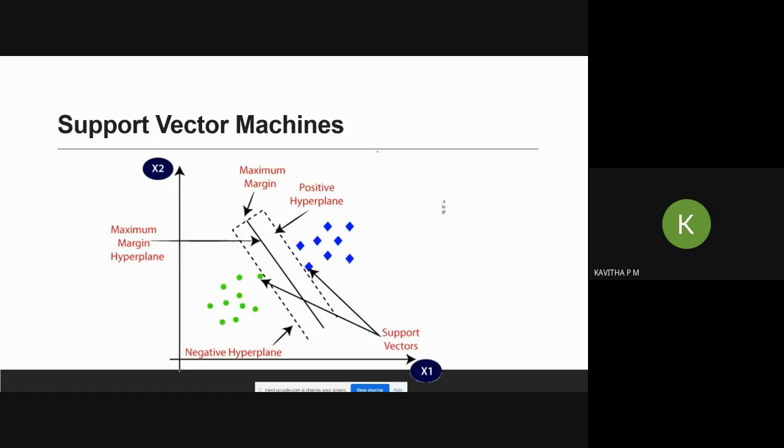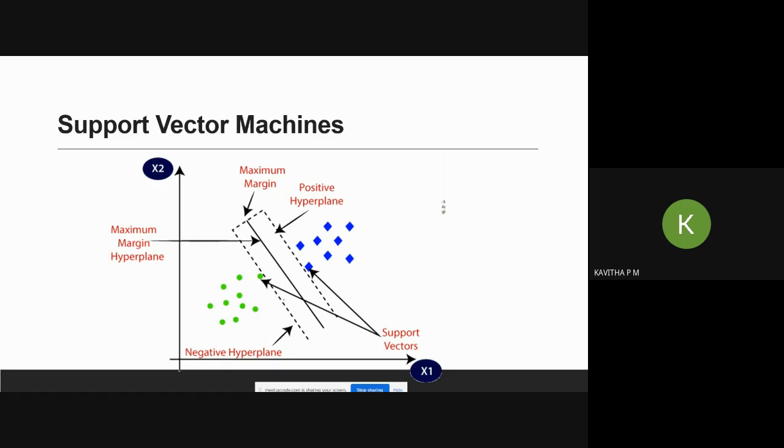This is the picture which shows how SVM actually works. For example, we have green color dots and blue color square boxes.